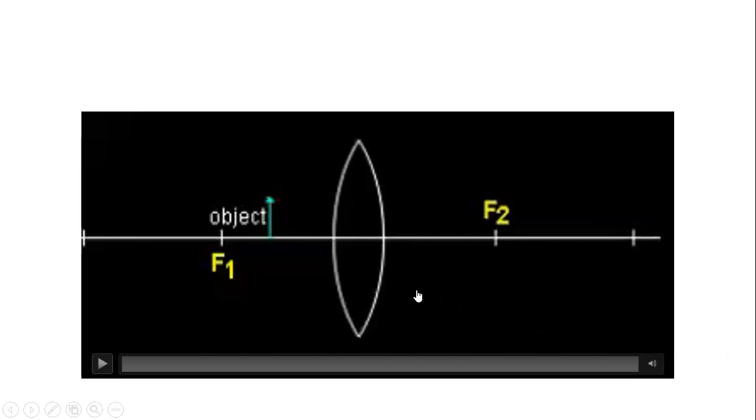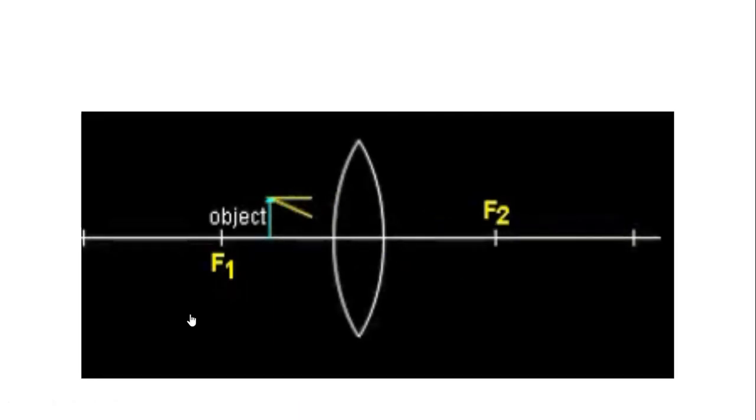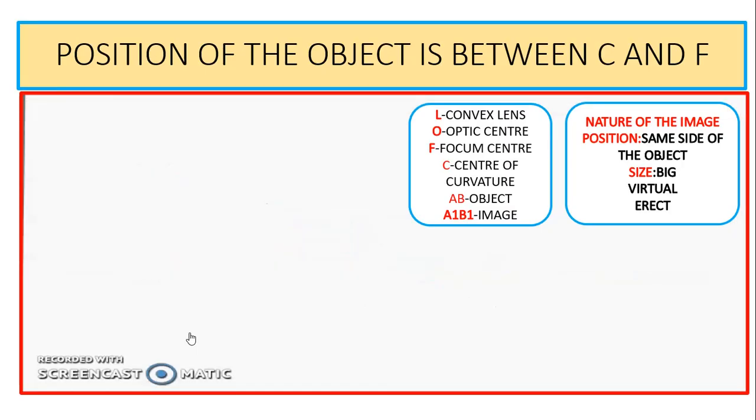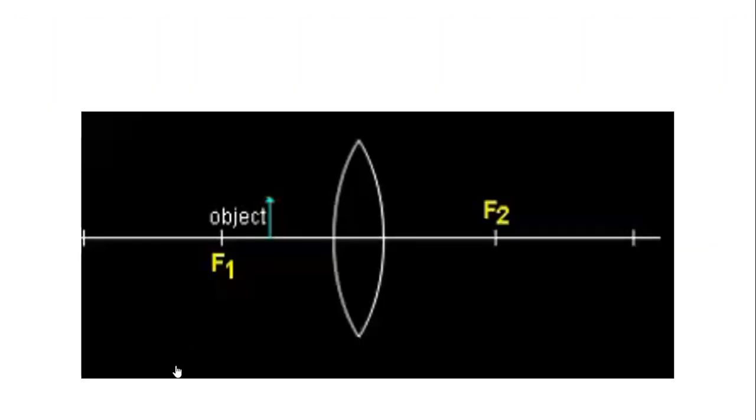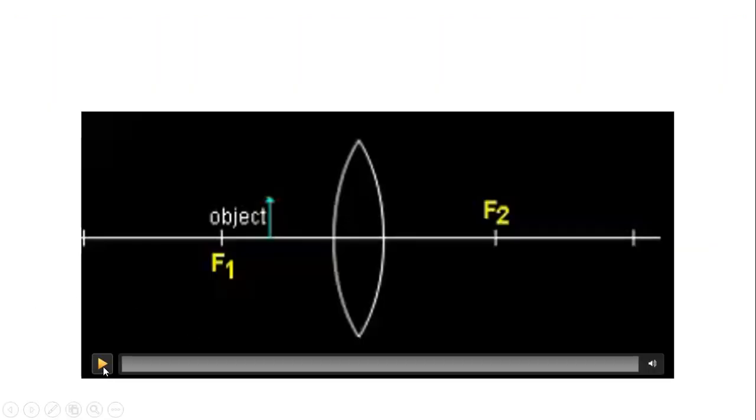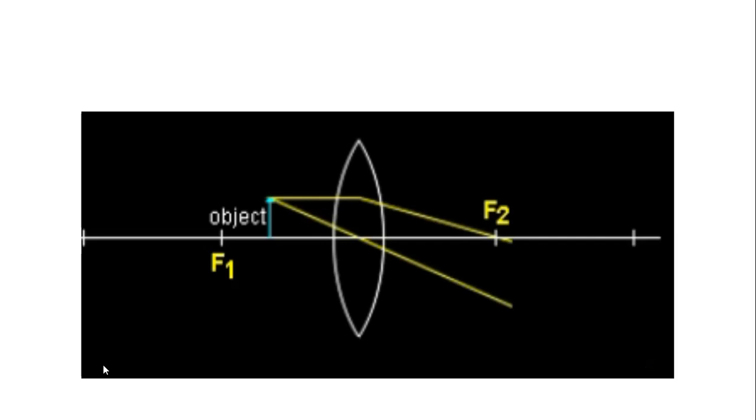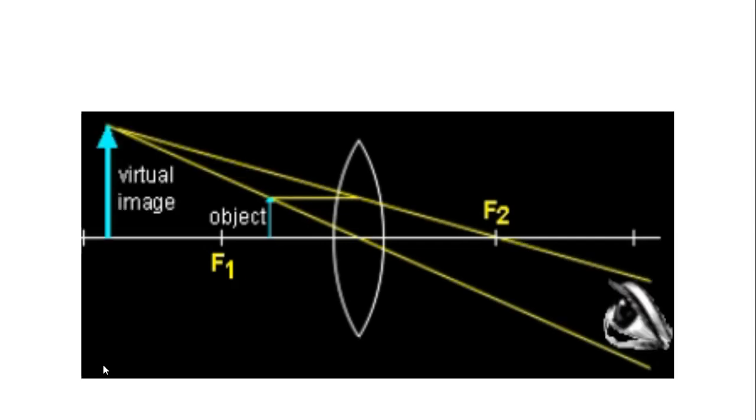Now let us see when position of the object is between F and O. See the ray diagram. Here image is formed, virtual image, just behind the object.